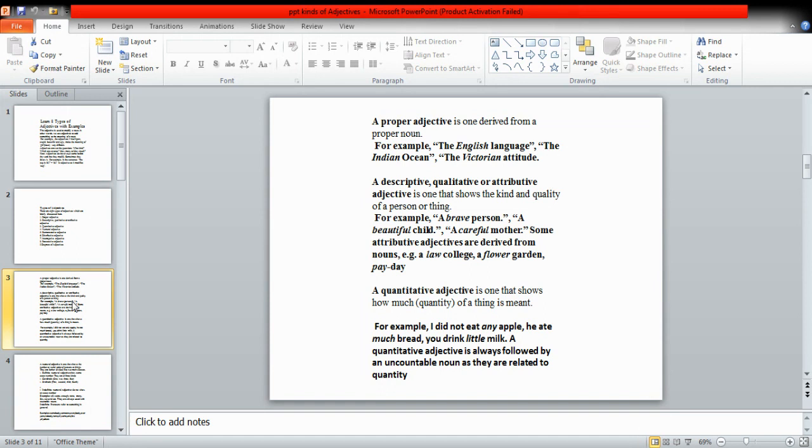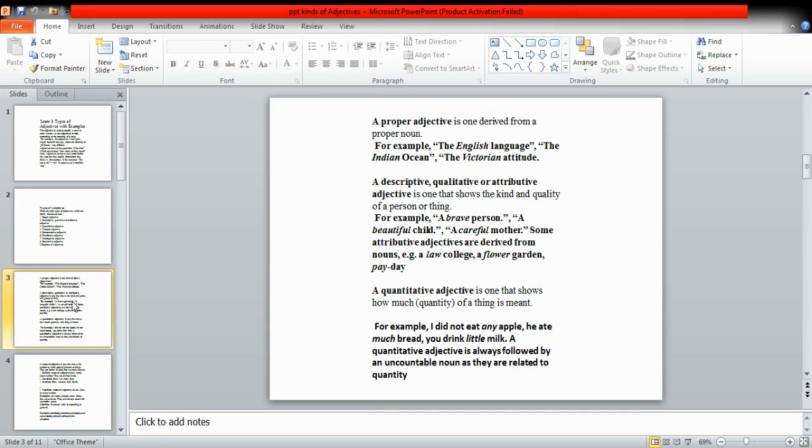So descriptive, qualitative or attributive adjectives are adjectives of the same kind and they have different names. Only the names are different, but their function is the same in the sentence. It is one that shows the kind and quality of a person or a thing. Yes, all the simple adjectives, which are simply there to tell the quality of a noun in a sentence, are called descriptive, qualitative, or attributive adjectives.